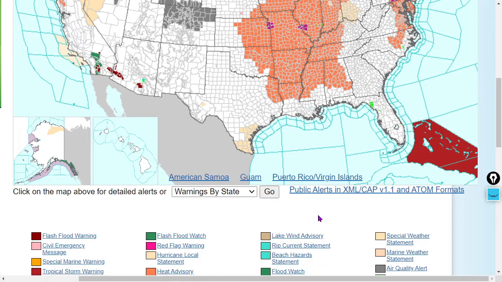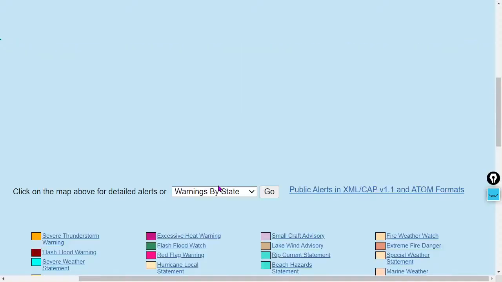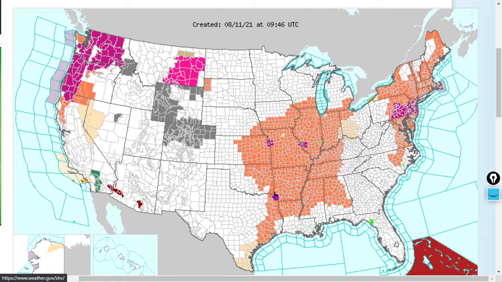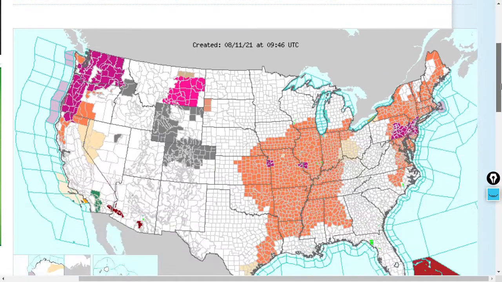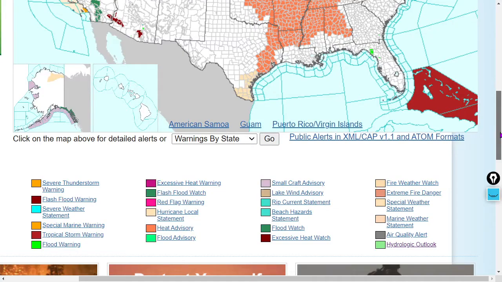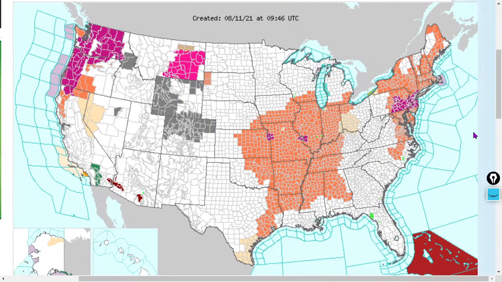Civil emergency message here on weather.gov. And I have no idea what that is. I'm looking for it on the map. Anyway, if you see your county with some weird colors on it, just click on your county. And we've actually got some excessive heat warnings here in the mid-Atlantic states, southeastern Pennsylvania, and most of New Jersey.